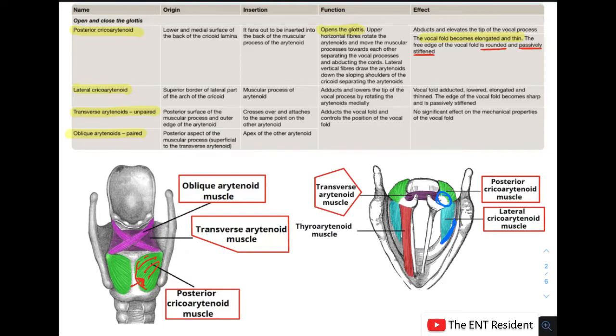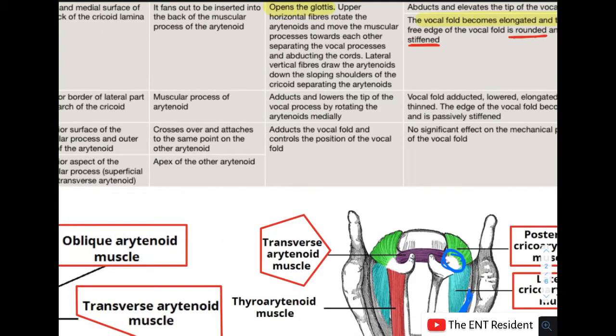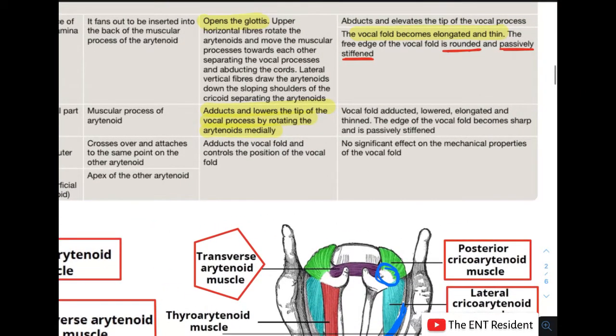Now this muscle helps in adduction and lowers the tip of the vocal process by rotating the arytenoids medially. As I was telling you, they also have an effect on the vocal folds. What happens is that the vocal folds are adducted, lowered, elongated and thinned. In this case, the edge of the vocal fold becomes sharp and is passively stiffened.